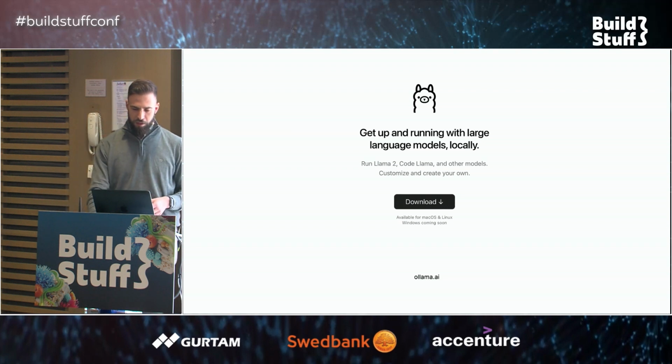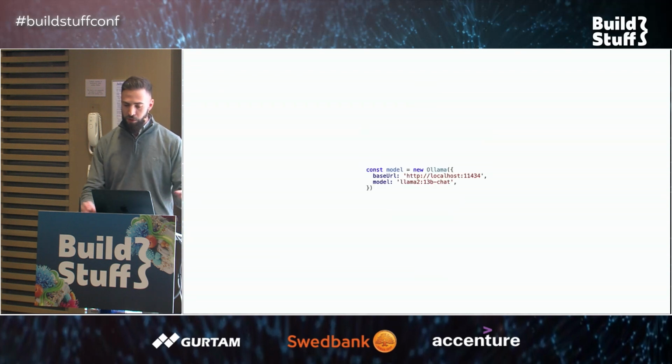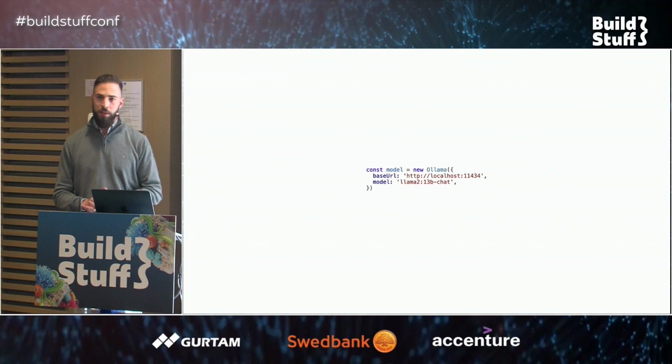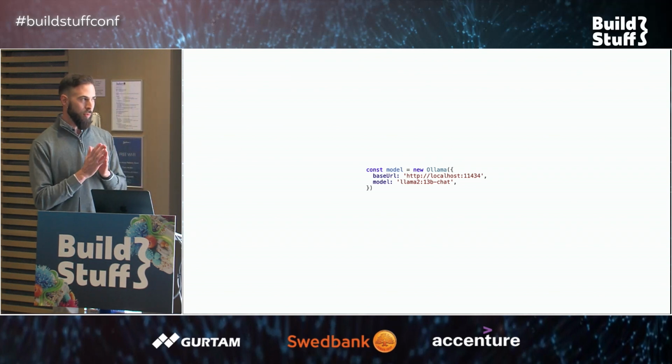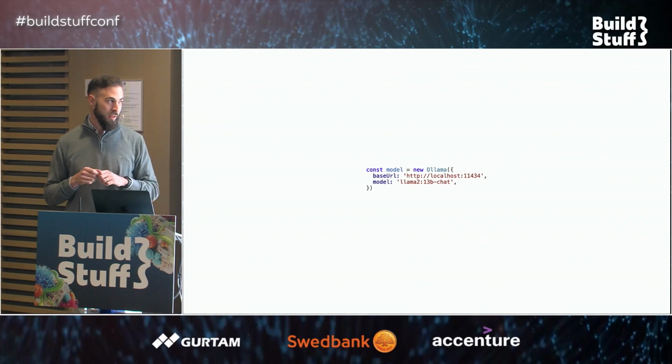And let's try to use Llama 2 for the use case we just had. Now, the cool thing about LangChain is that switching out the model becomes very simple. Say the model is now going to be Ollama.